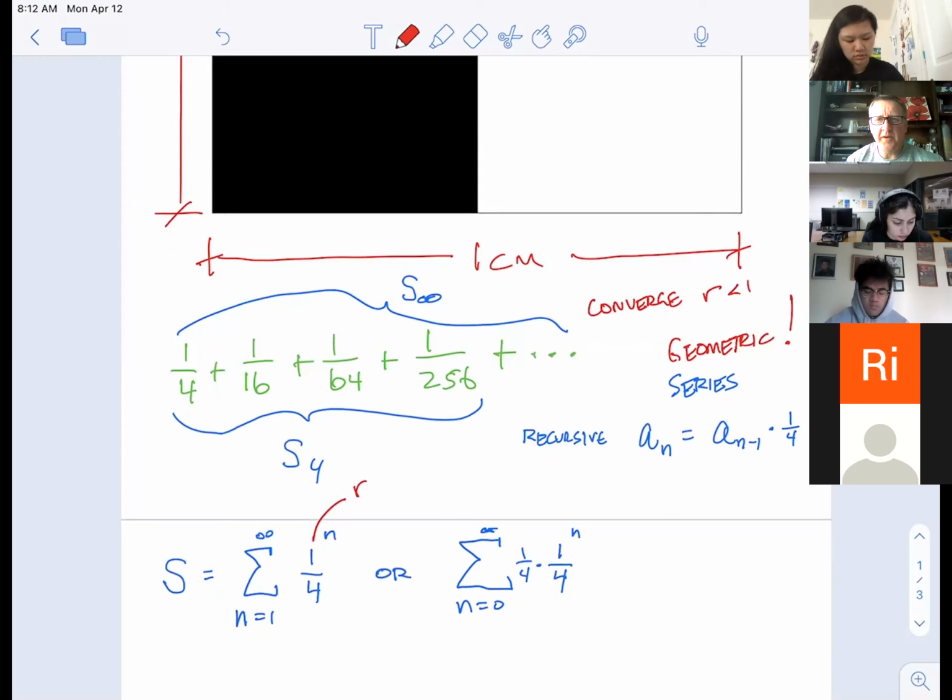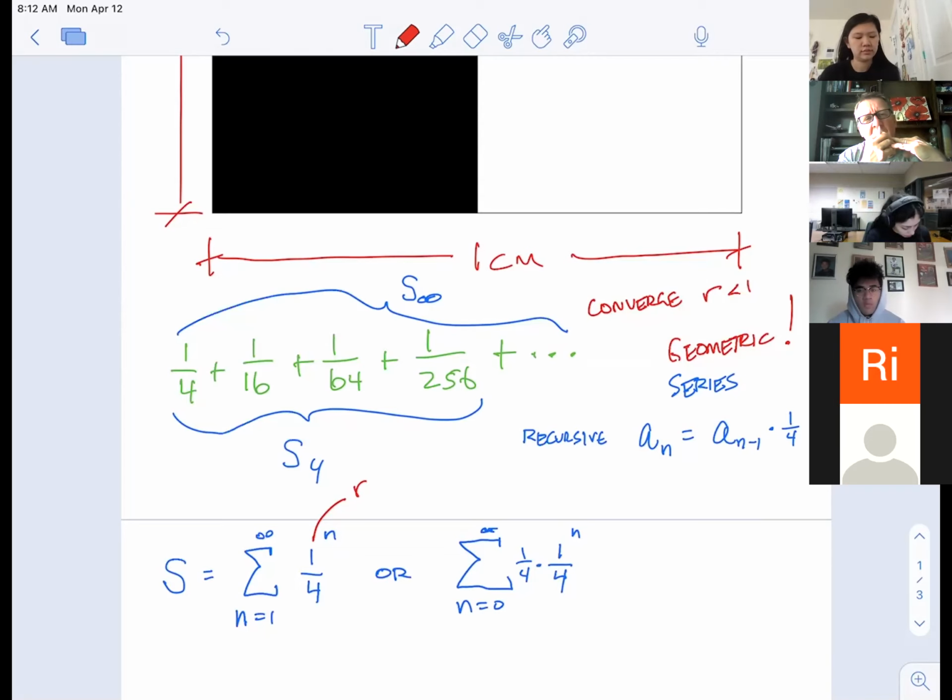In other words, each one is getting smaller and smaller. It's kind of like thinking of it as 25%. Each one is just 25% of the previous one. So the sequence of numbers is on its way to 0. By the time you get way out there, they're on their way to 0. Therefore, if you add them up, they might actually add up to something. In the case of a geometric series, they do.